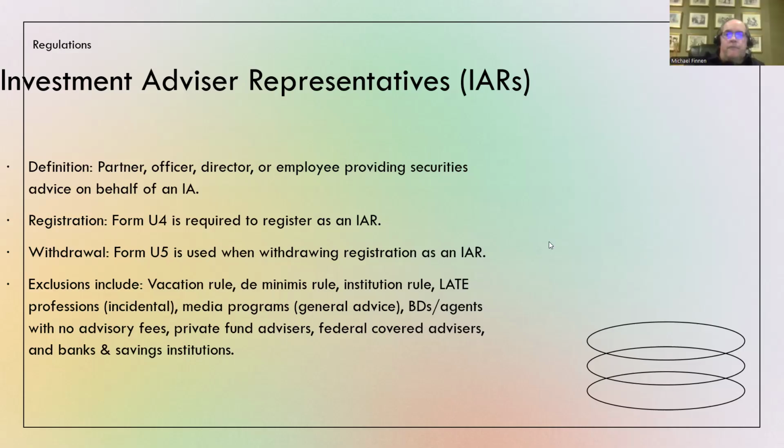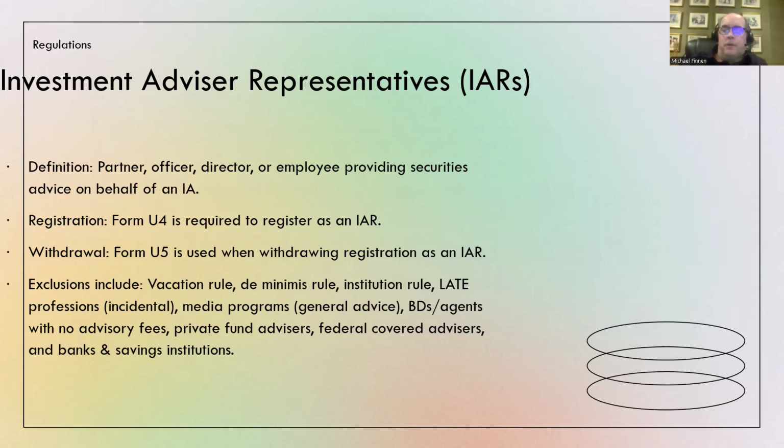The last part of the four box compartmentalization of broker dealers, agents, IAs and IARs is IARs. What are they? These are investment advisor reps, natural human beings who represent investment advisors.